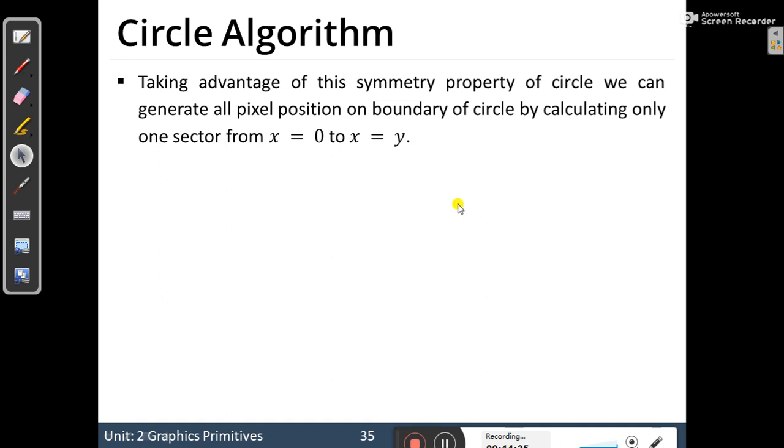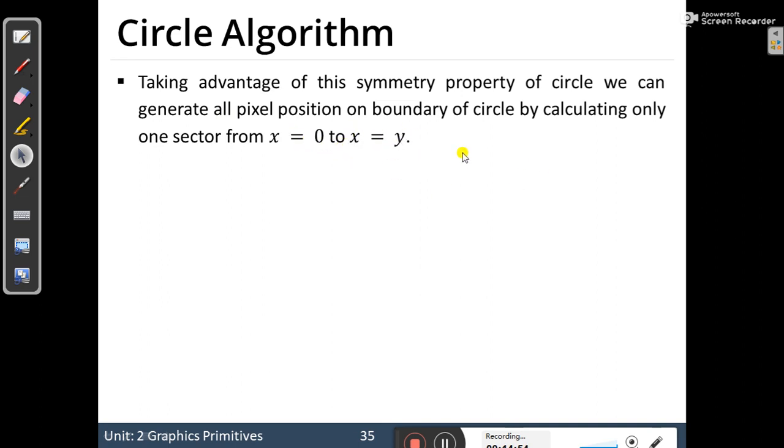So now we are going to the actual algorithm. Taking advantage of the symmetry property of a circle, we can generate all pixel positions on the boundary of the circle by calculating only one sector, from x equal to 0 to x equal to y.